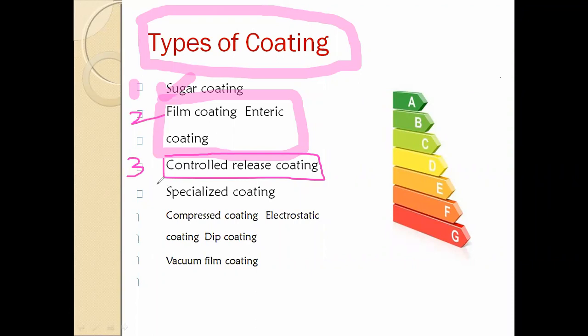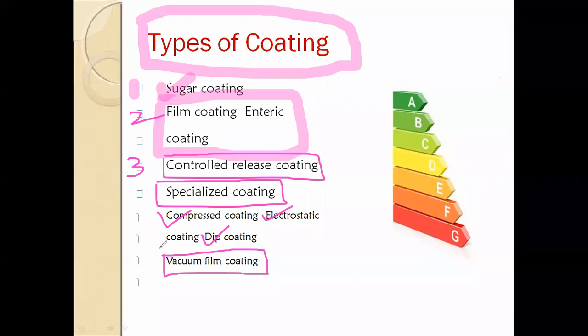Then there are specialist types of coatings used nowadays, which include compression coating, then electrostatic coating, dip coating, and vacuum film coating. So these are the various types of coating by which we can apply a coat on the exterior of the core.